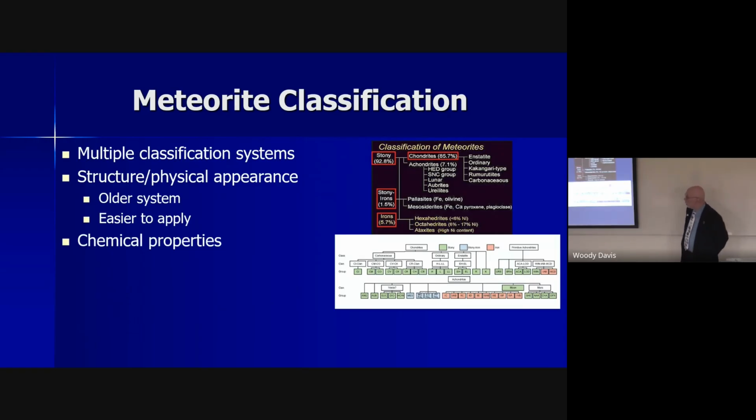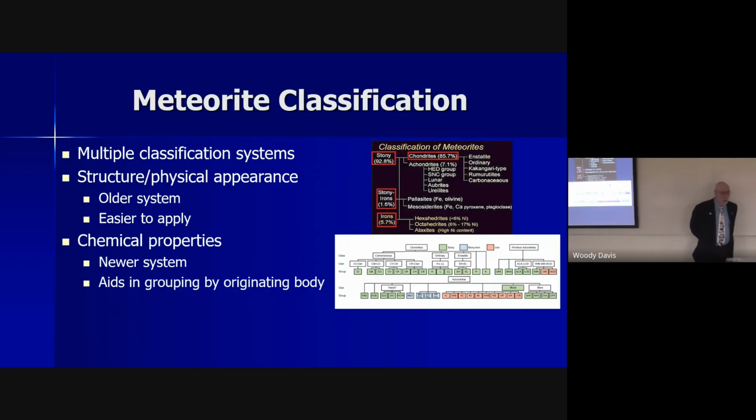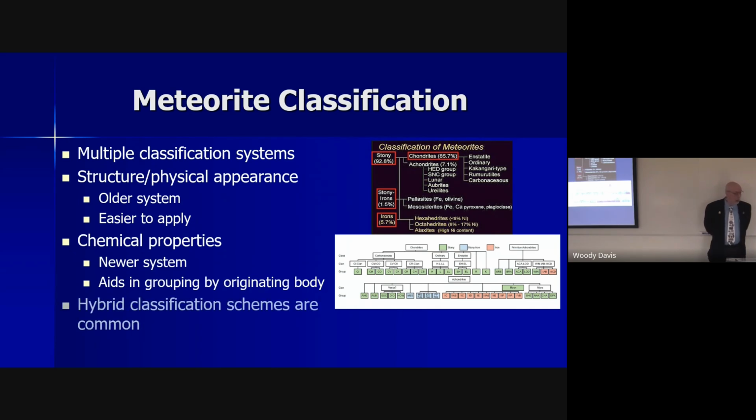More complicated is the chemical properties classification. That's the newer system. And what it is supposed to do is aid in grouping meteorites by the originating or parent body. But to make things even more confusing, hybrid classification schemes are common.